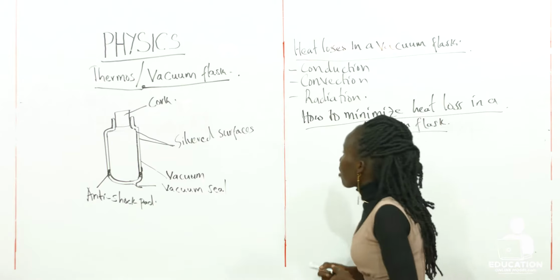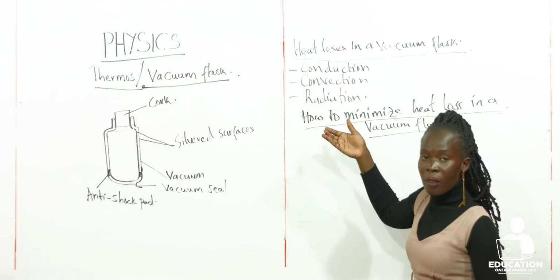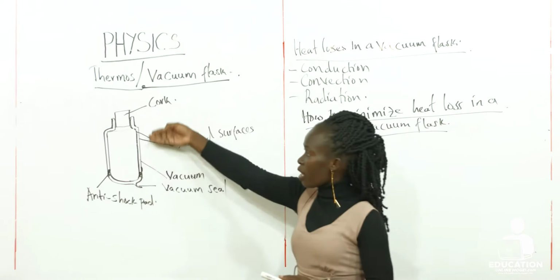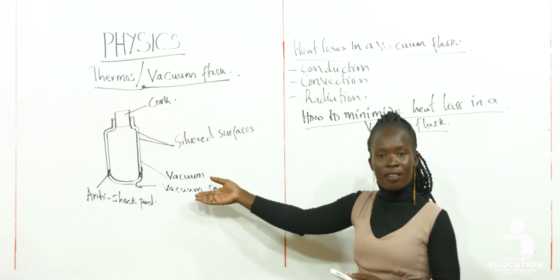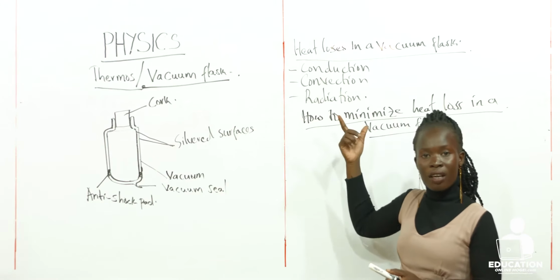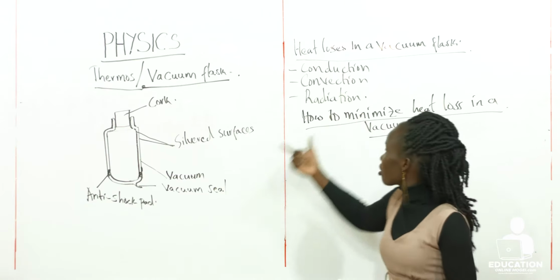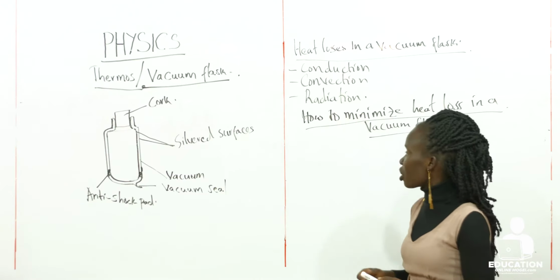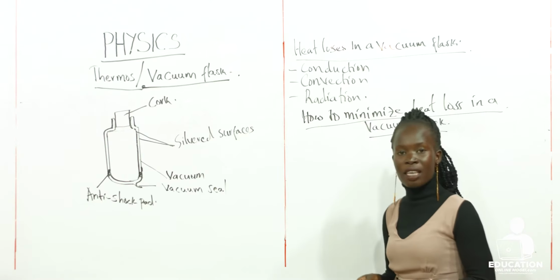For us to minimize these heat losses, we already have the construction. The way the flask is designed, it is designed to avoid this heat loss. If you look at conduction and convection, these two can be minimized in a flask easily.